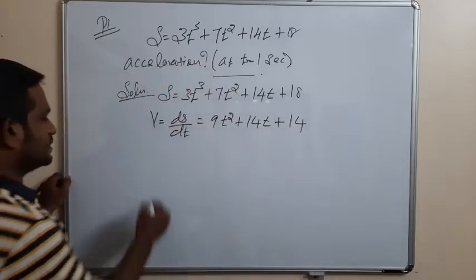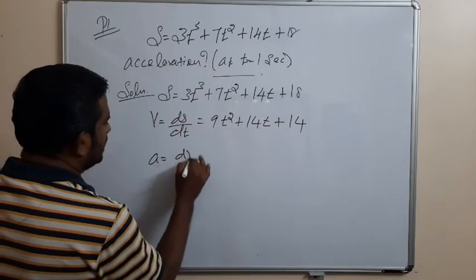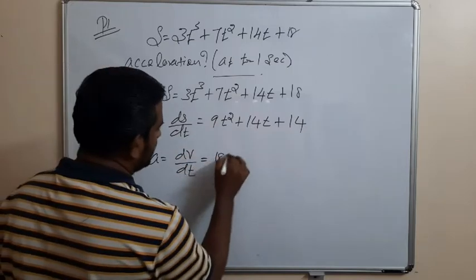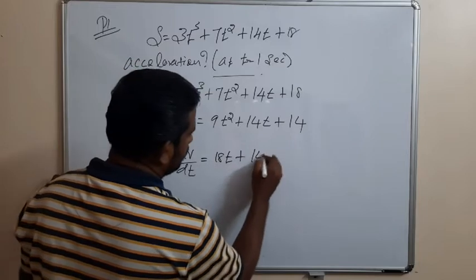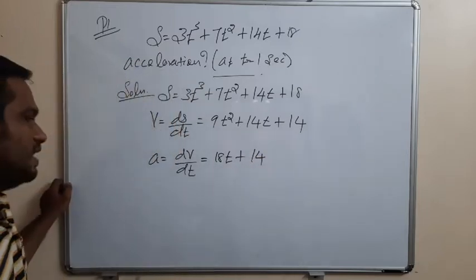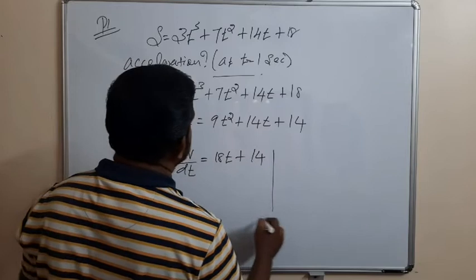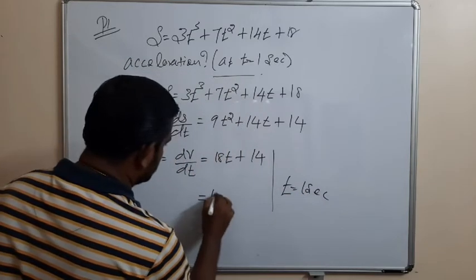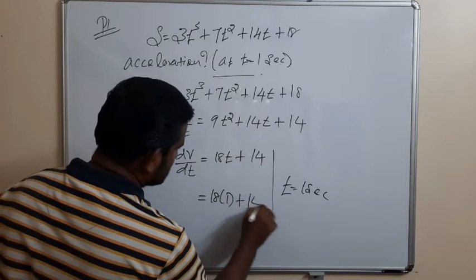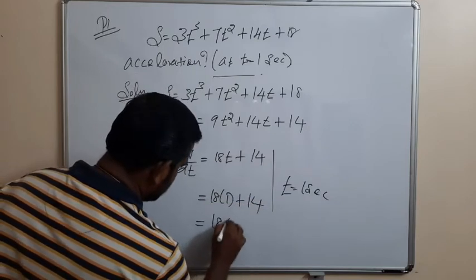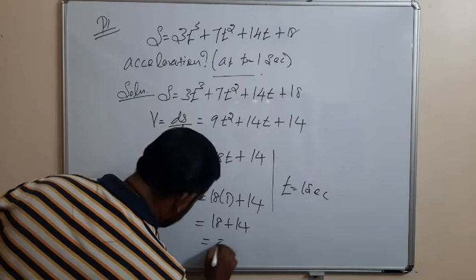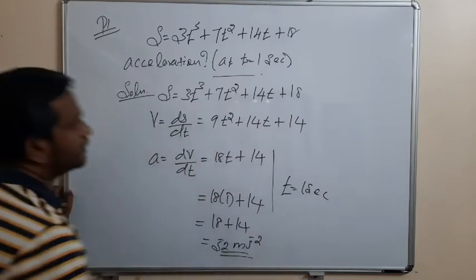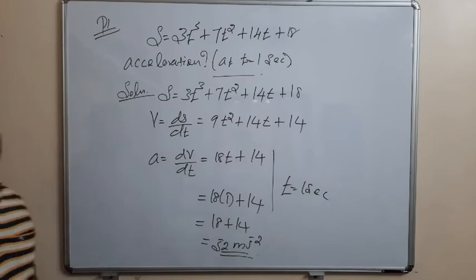Acceleration is equal to dv by dt, the rate of change of velocity, so that is equal to 18t plus 14. At t is equal to 1 second, that is 18 into 1 plus 14, which is equal to 32 meter per second square.